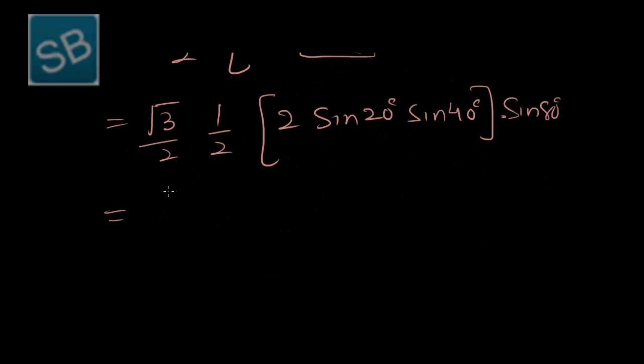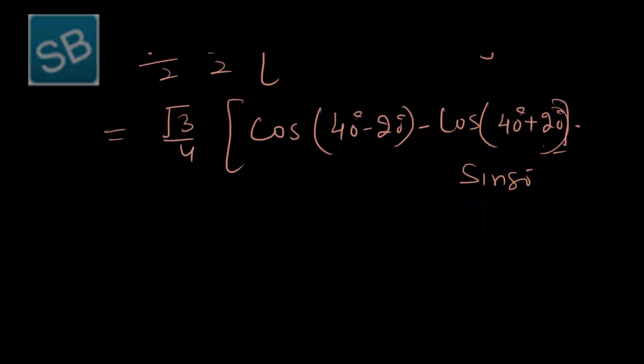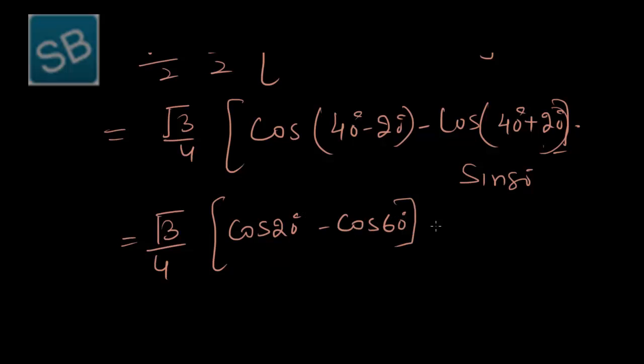So we get root 3 over 4, since both terms are in sine, so we get cos(A minus B) minus cos(A plus B) into sin 80 degree. So we get here root 3 over 4 times (cos 20 degree minus cos 60 degree) into sin 80 degree.